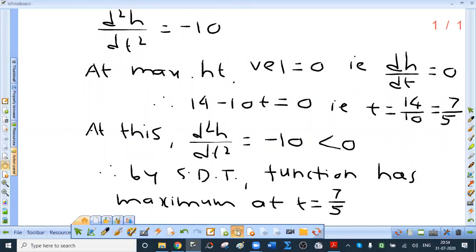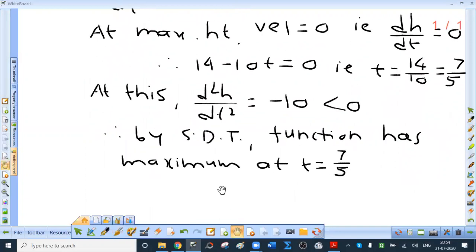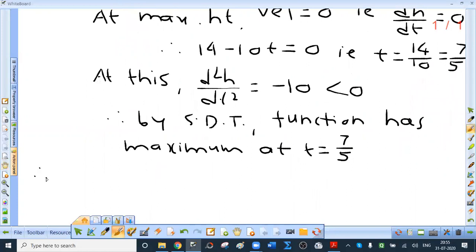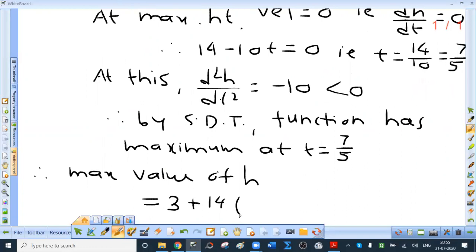Now you have to tell me value of the function at this point. So maximum value of h equal to, it will be what? 3 plus 14 into 7 by 5 minus 5 into 7 by 5 bracket square. Now simplify this and tell me what is the final answer. So that is the maximum height the ball can reach.